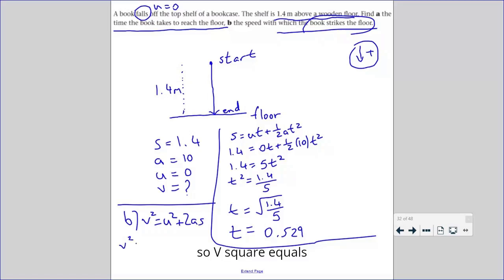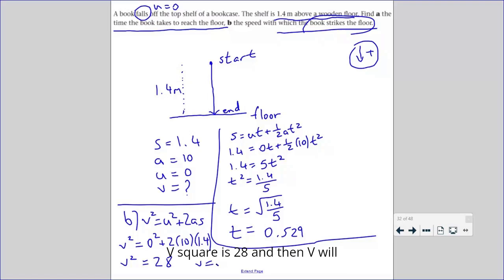So V squared equals 0 squared plus 2 times 10 times 1.4. V squared is 28, and then V will be the square root of 28, and that will be your answer.